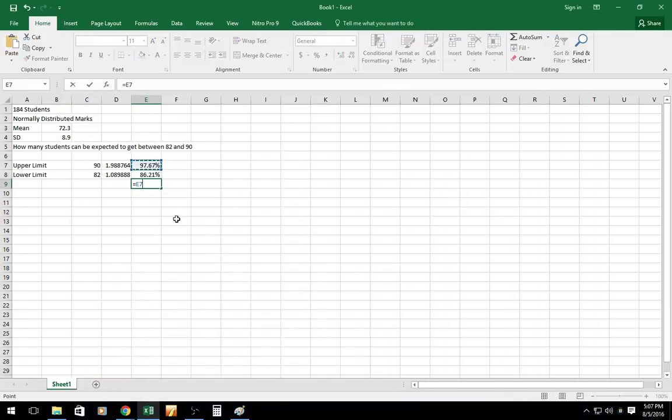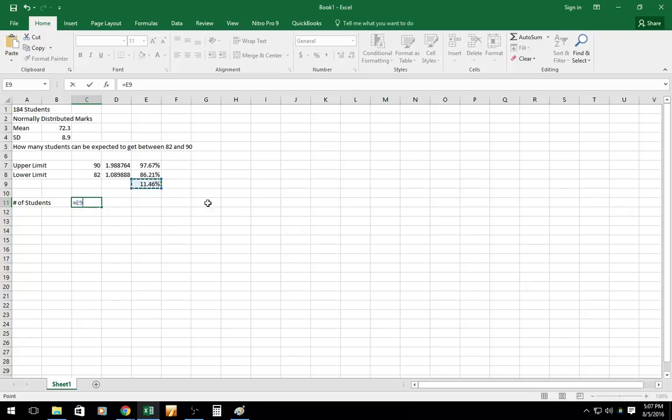So we do exactly that. 97.67 minus 86.21. 11.46% of the class can be expected to get between 82 and 90. Okay? But that's not what the question asked, is it? It said how many students can be expected to get between 82 and 90%. How do we find that? Well, number of students.